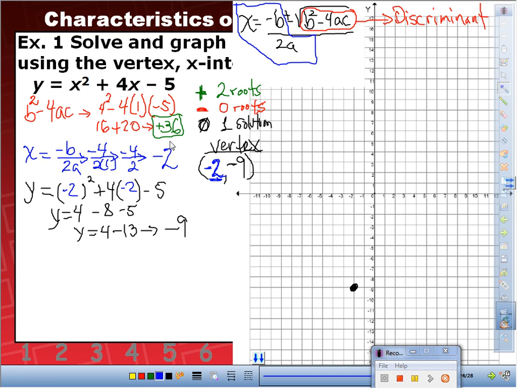For those of you that don't see it, check this out. I'm going to box this whole thing. And I'm going to point to the negative 2. Everybody see that? Does that help? To find the y value, I'm going to box this whole thing.